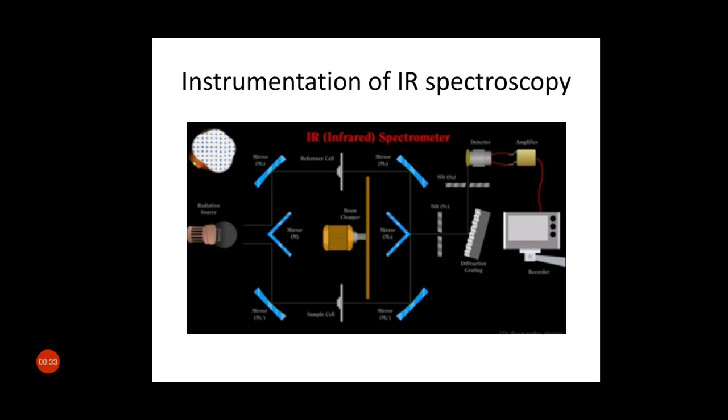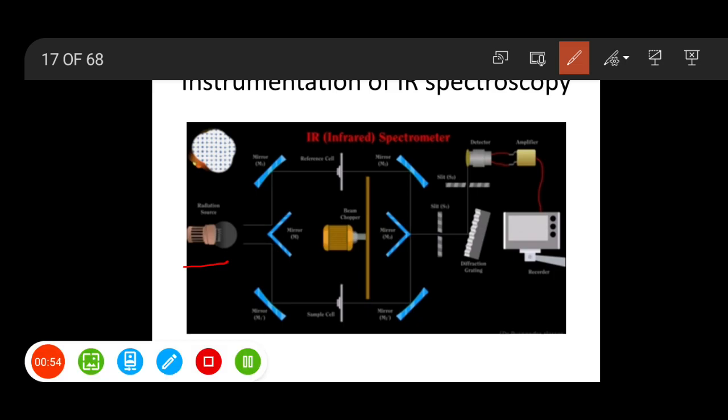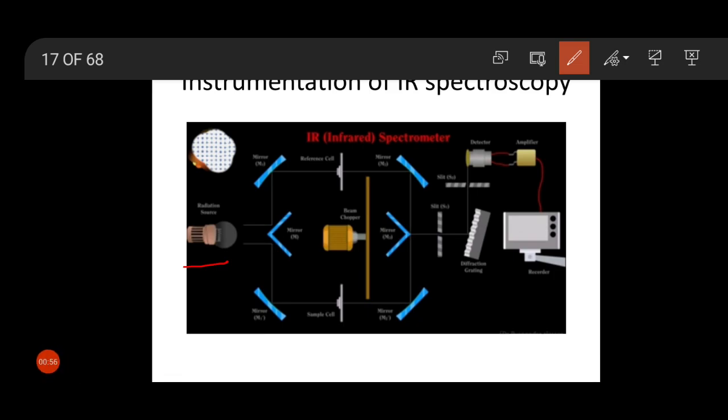See here, the first part of the IR instrument is the radiation source. This is our radiation source. There are various types of radiation source we can use in an IR spectrometer.